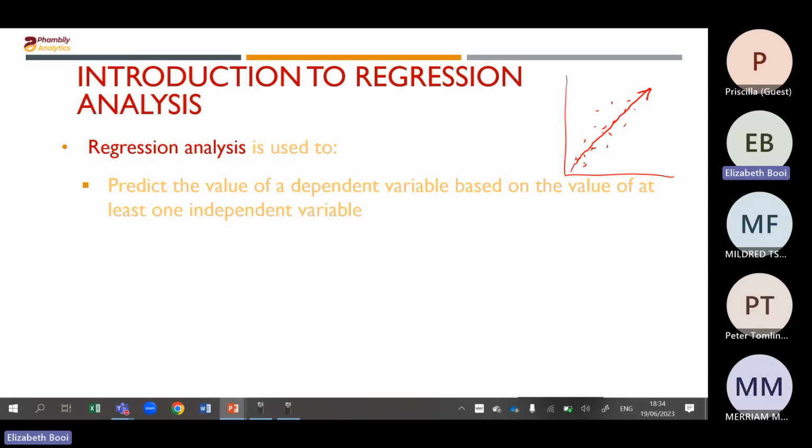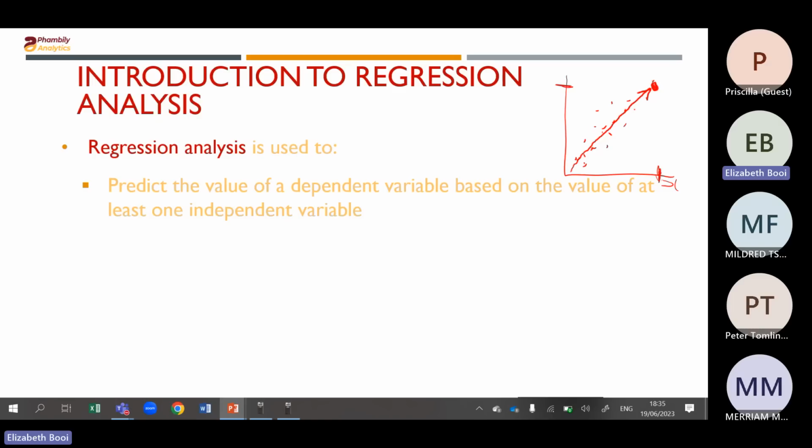So it means if I don't know a value here on the x axis, I can estimate what the next value at this point can be. Because this is a positive slope, it says when the value of your x increases, the value of your y increases, and we can use the value of x to estimate what the new value of y would be.